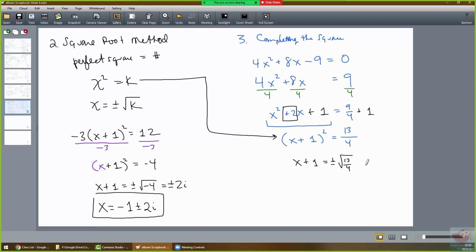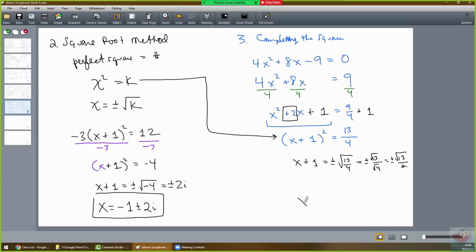Now, if this were calc, you wouldn't clean up the square root of 13/4. We're not in calc yet, so we have to clean up the square root of 13/4. You can take the square root of the numerator and the square root of the denominator. And this one was nice because this just cleans up as the square root of 13 over 2. We don't have to do any rationalization or anything.